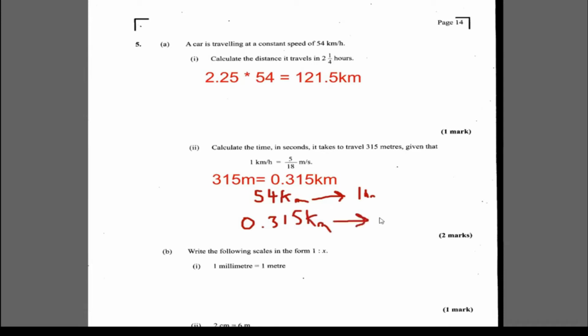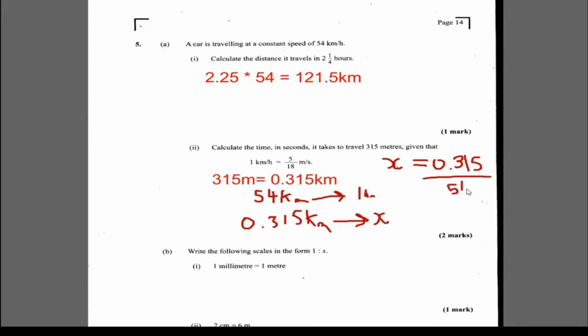Let's call that x. Now doing simple proportion, x is going to be equal to 0.315, and you're going to divide that by 54.